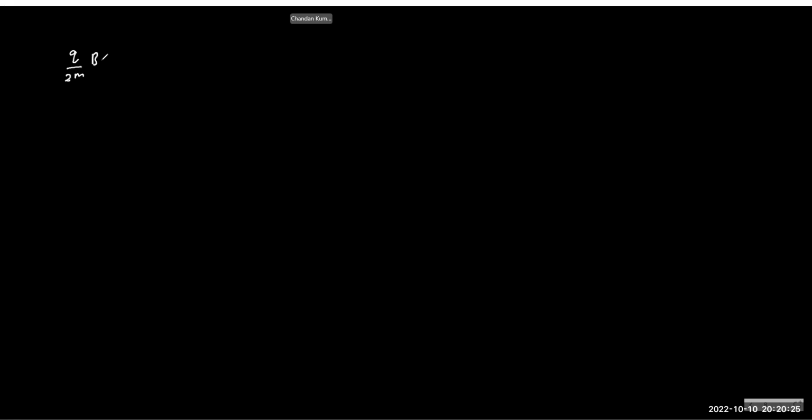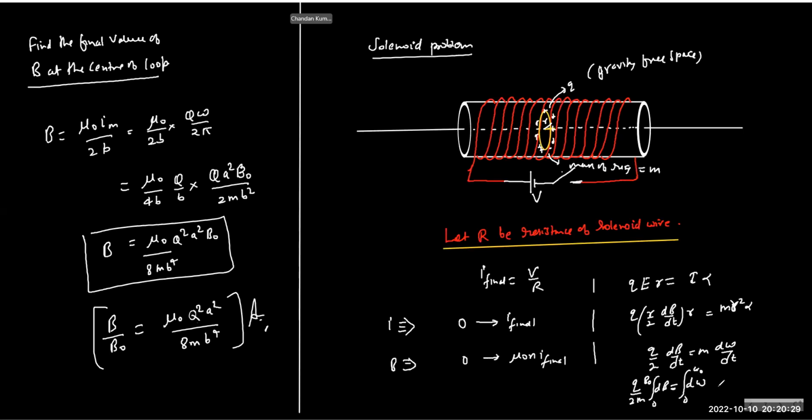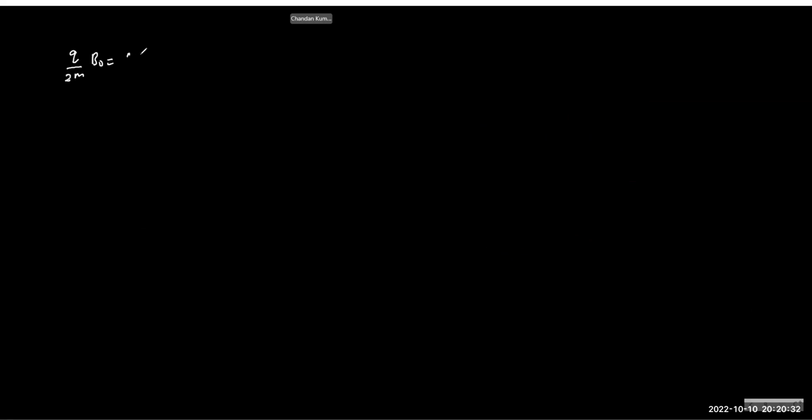So the answer we are going to get is Q by 2m into B naught is omega, right? This is a very nice answer, right? Q B naught by 2m. So we have seen QB by m called omega, but now it's QB naught by 2m. So the ring will attain this angular velocity.